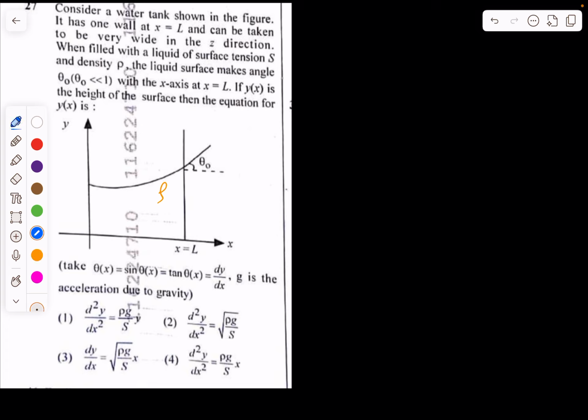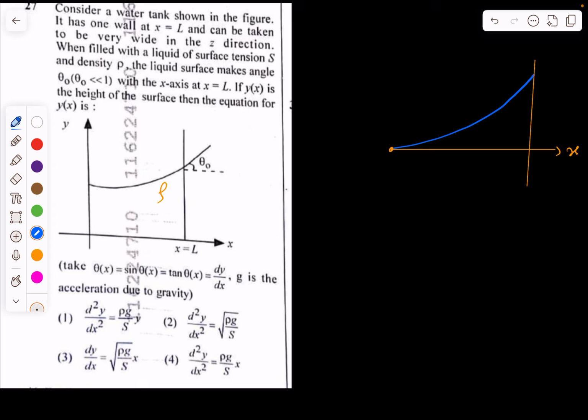So, if we go by the first principle, in fact the surface looks like this. And this is the boundary, and the boundary is at x equal to L. And let us say this is the baseline. This is the x-axis.